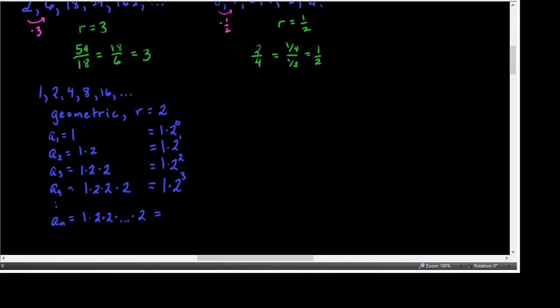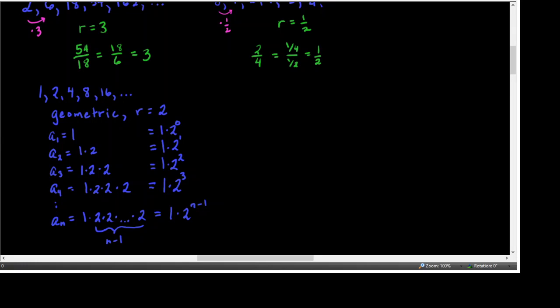And just like what we did for arithmetic sequences, what is that power of 2, like looking at the a sub 4 answer, where the power of 2 is 3, how does that 3 relate to the n value of 4? Well, of course, it's 1 less than that. So this is going to be 1 times 2 to the n minus 1, because we're going to multiply n minus 1 of the 2's together.